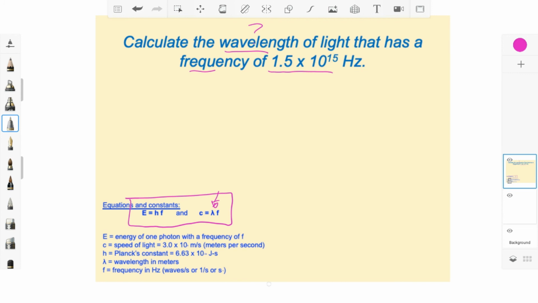And so first thing is let's rearrange this equation so that wavelength is our unknown, and that is equivalent to the speed of light divided by frequency. This is going to be pretty simple. We will plug in the speed of light and divide that by the frequency that is given to us.